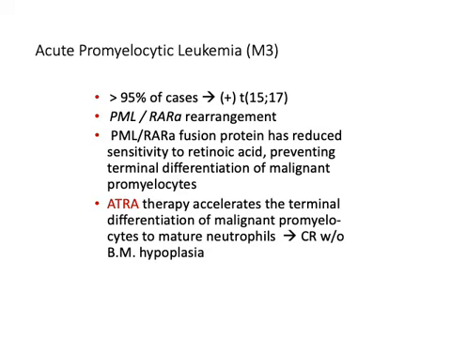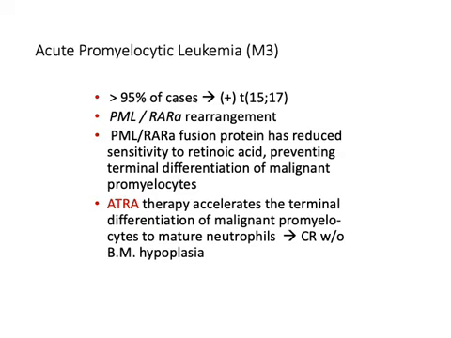Now, your acute promyelocytic leukemia, your M3, is unique because 95% of them will express the cytogenetic translocation between 15 and 17. For those patients who are negative for your translocation 15-17, you may be able to demonstrate the presence of the resulting chimeric gene, which is your PML-RARA rearrangement.